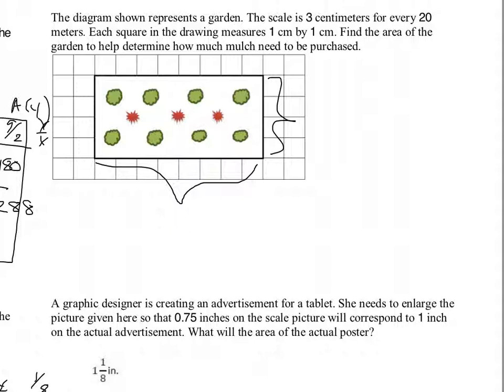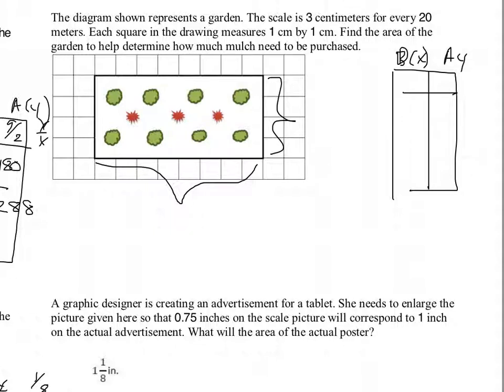We're told that our scale here for our drawing x, our actual y, is 3 centimeters to 20. So we get y over x is equal to 20 over 3. So our equation y is equal to 20 thirds x.